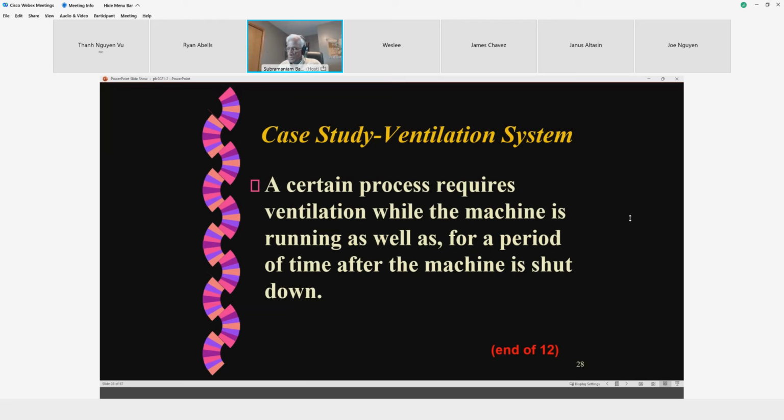Okay, so very quickly to recap, we are talking about a ventilation system. So a bit of this is going to be part of project 3, and then there will be more bells and whistles on it.